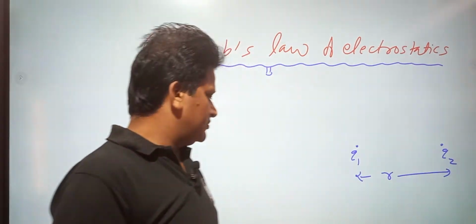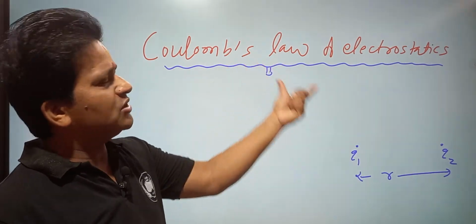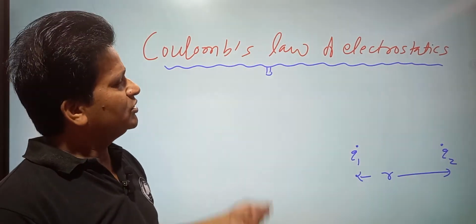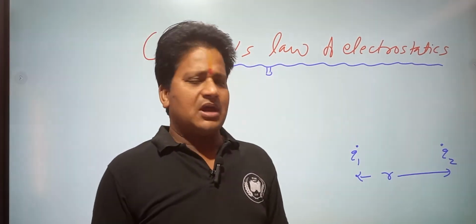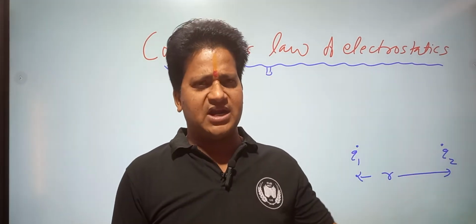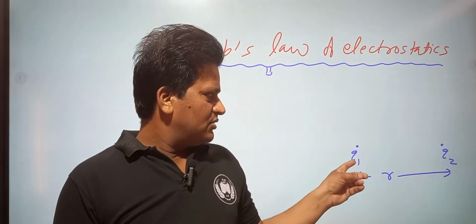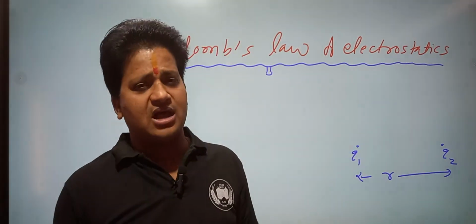First of all, I am going to explain Coulomb's law of electrostatics. For the explanation, I am going to take two static point charges which are separated by a distance r.